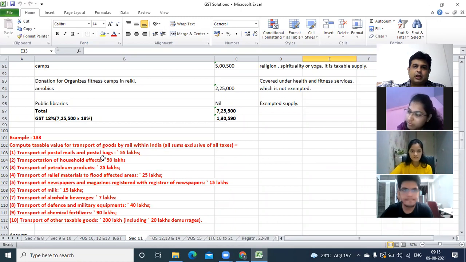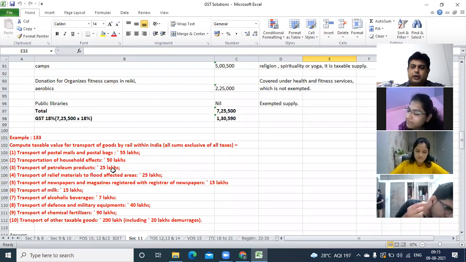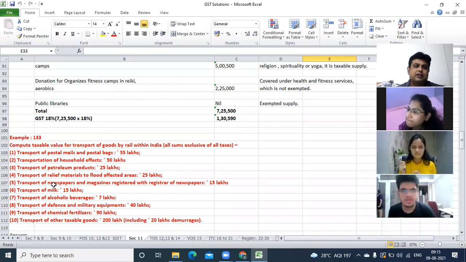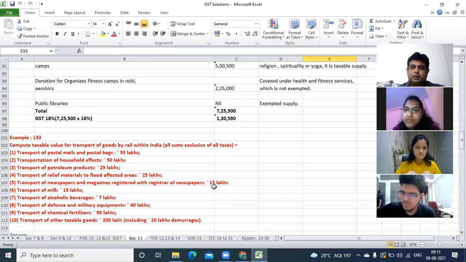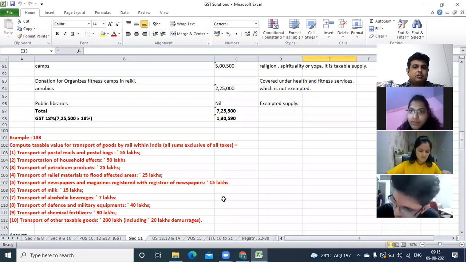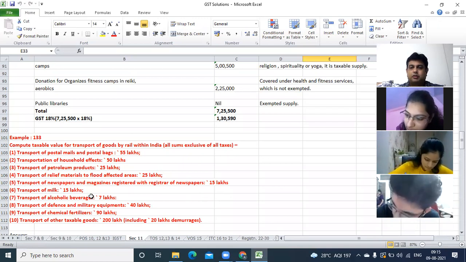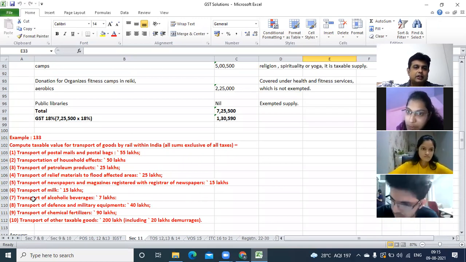Transportation of postal mail and postal bags, 55 lakhs. Transportation of household effects, 50 lakhs. Transportation of petroleum products, 25 lakhs. Transportation of relief material, 25 lakhs. Transportation of newspaper, 15 lakhs. Transportation of milk, 15 lakhs.